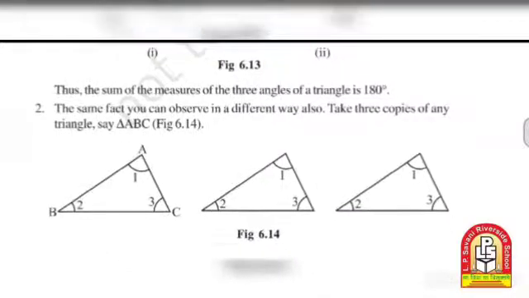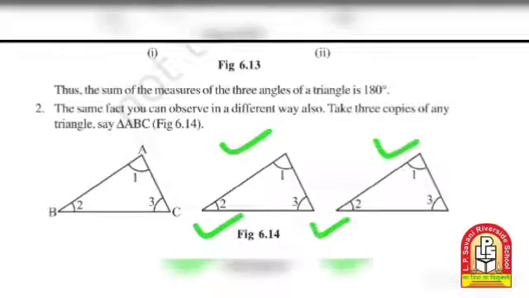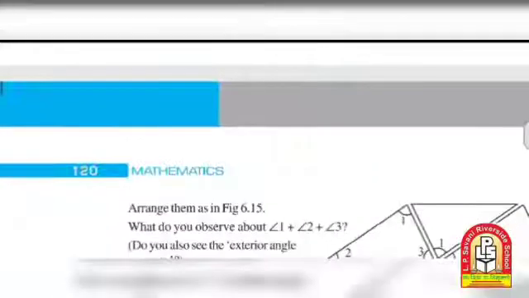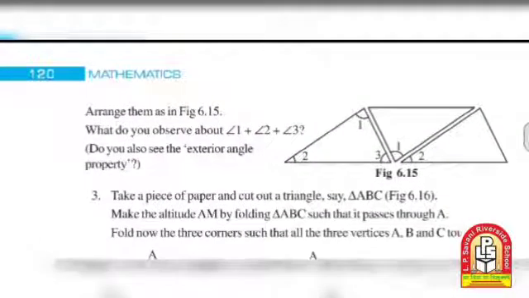Let's take another activity. The same fact you can observe in a different way also. Take three copies of any triangle, say triangle ABC. Name the angles 1, 2 and 3 in each one. The second one is 1, 2 and 3 and the third one is also 1, 2 and 3. There are three angles in that particular triangle.